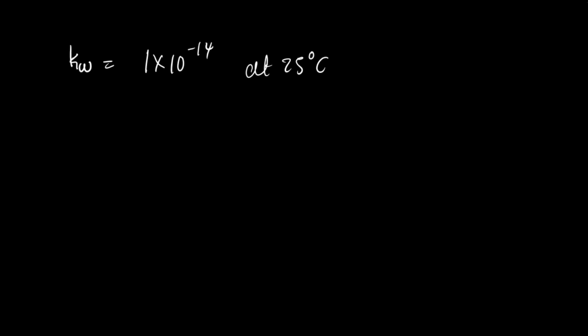Now, because water is a neutral solvent, it has an equal concentration of hydrogen ion as well as hydroxide ion. So the concentration of hydroxide ion is equal to the concentration of the hydrogen ion.